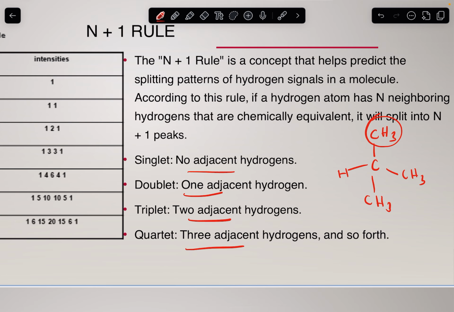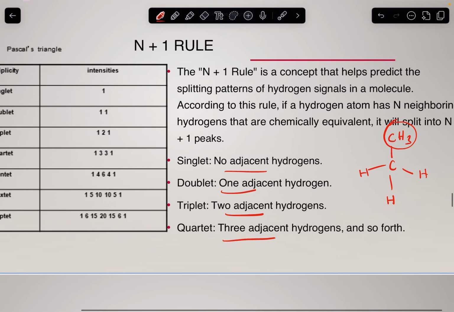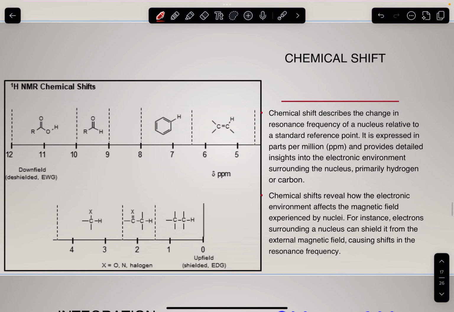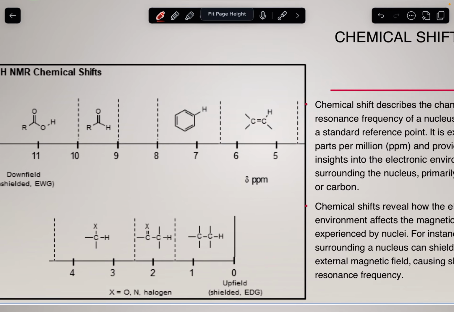Now this is a doublet, okay? And if we add another hydrogen, this would be a triplet. And then if we add another hydrogen, this would be a quartet, okay? And so forth and so on.